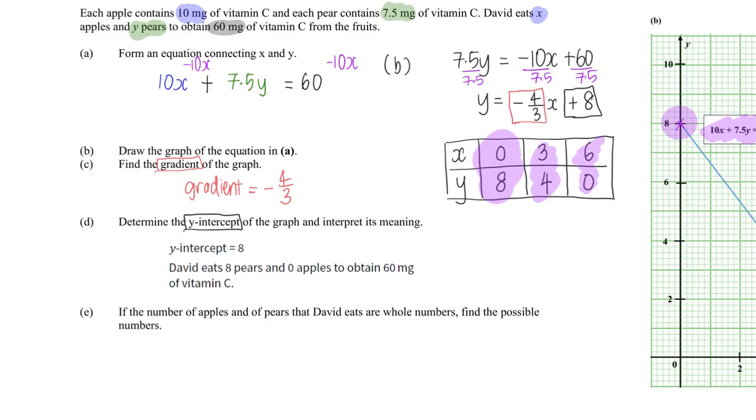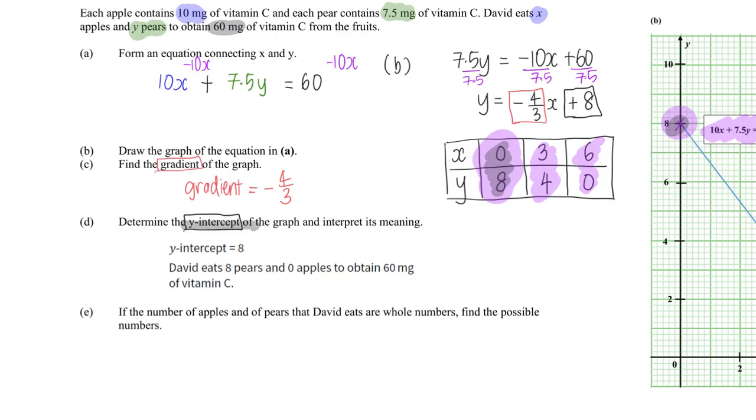And where does this y-intercept occur? I hope you can see that this y-intercept occurs at the point where x, which is the number of apples, equals to 0. So the interpretation is simply David actually eats 8 pears and 0 apples in order for him to obtain the 60 milligrams of vitamin C.